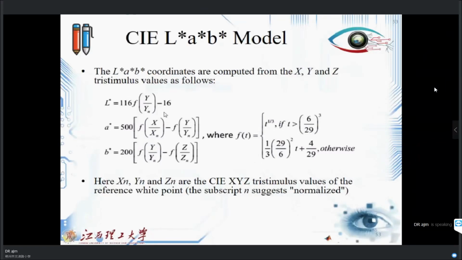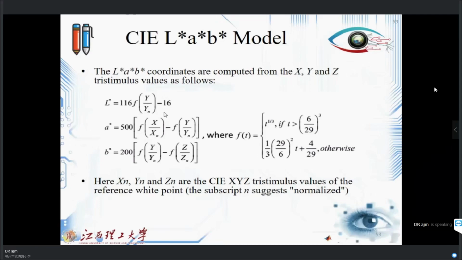L equals 116 f(Y/Yn) minus 16, with A and B also having some coefficients. Here f(t) is t to the power 1/3 if t is greater than (6/29) cubed, and in the other case it has the second formula given here.